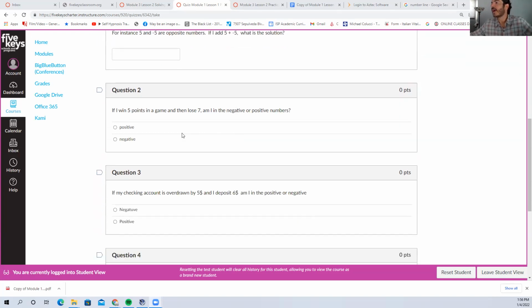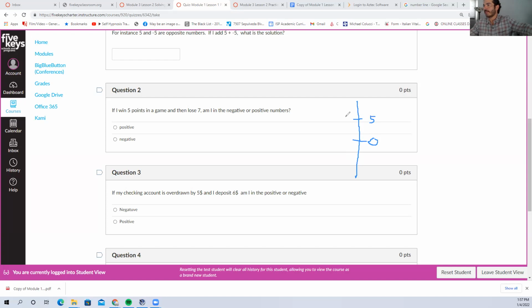All right. If I win 5 points in a game and then lose 7, am I in the negative or positive numbers? Let's take a look at what that might be all about. I'm going to draw a vertical number line because sometimes it's easier to look at. Here's 5.